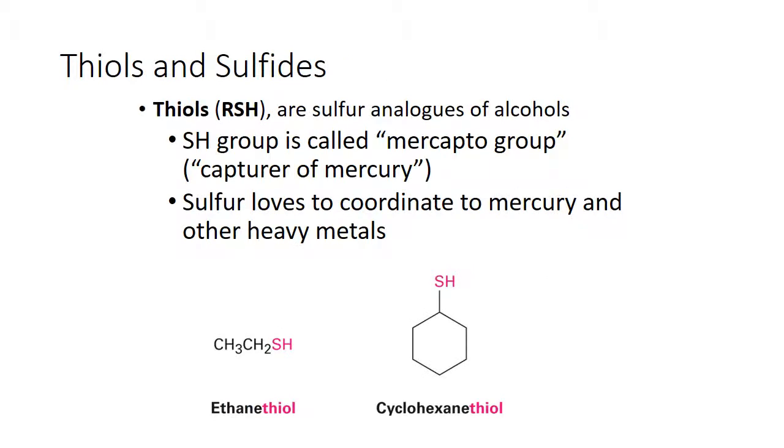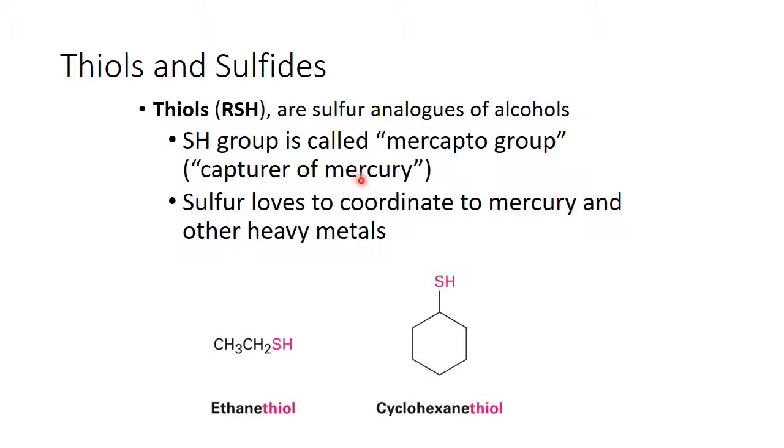Now, thiols and sulfides are the sulfur analogs of alcohols and ethers. The thiol group is often called, it's an old-fashioned name, the mercapto group, and you would sometimes see this in names.